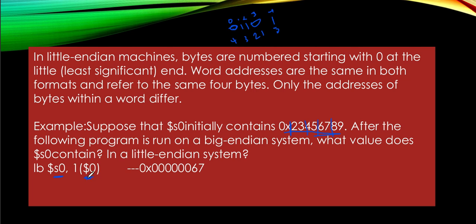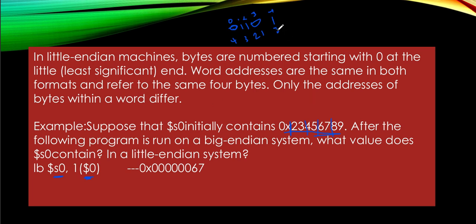I'm thinking that $0 is referring to the word address. So this word has a word address of 0. This whole thing is a word in MIPS, and the whole thing has a word address of 0. Now, if they are saying it has an offset of 1, and we are in a little-endian system, little-endian means the ending is the smallest.